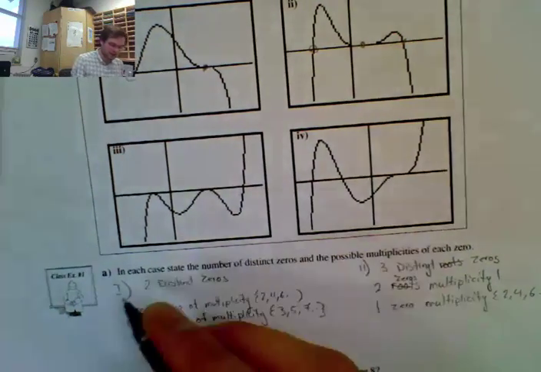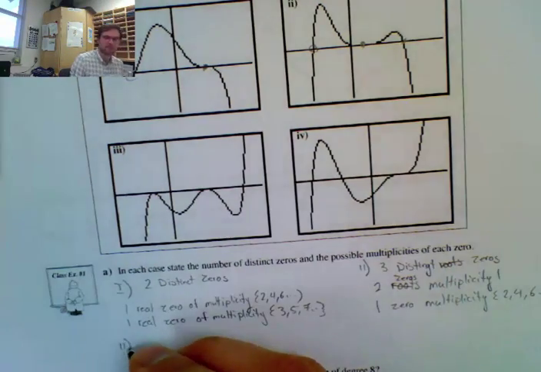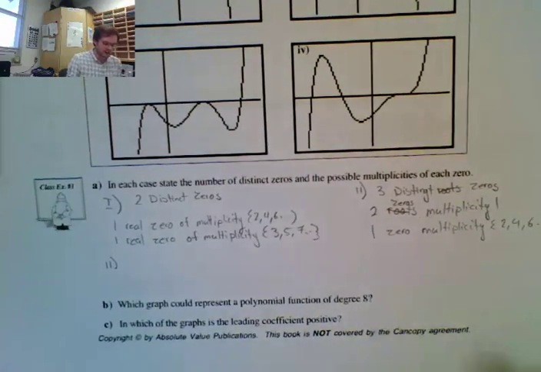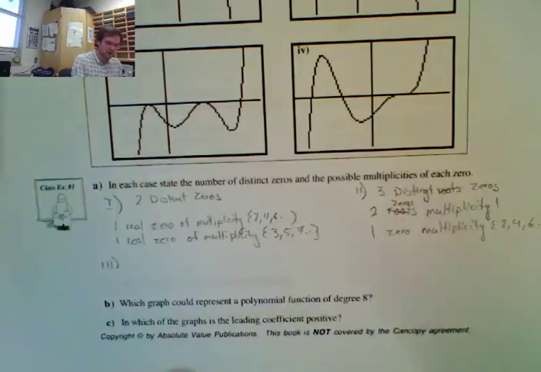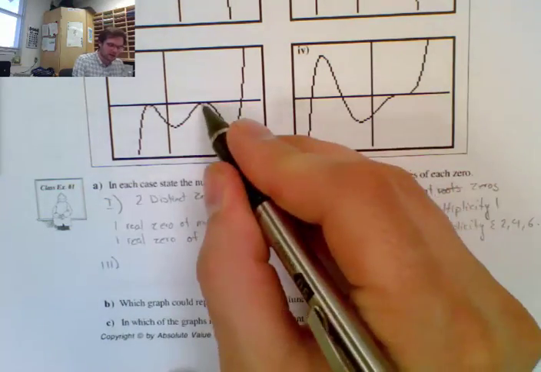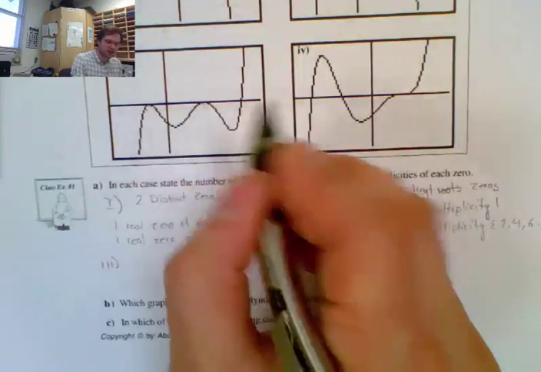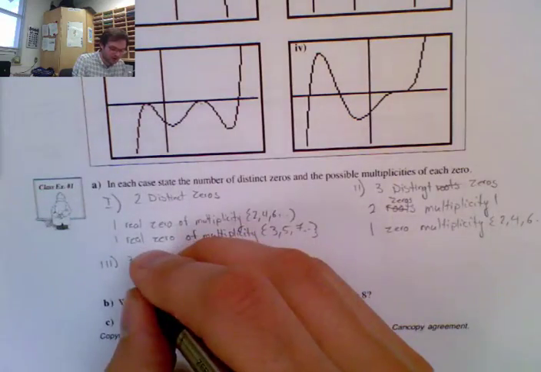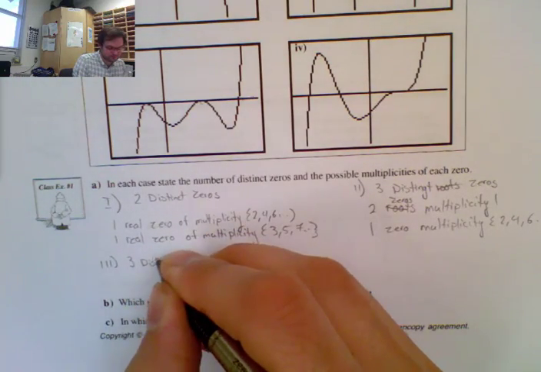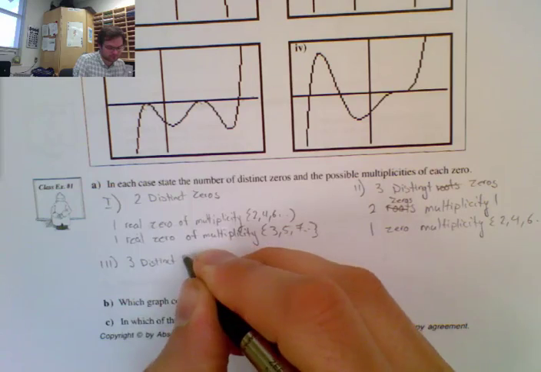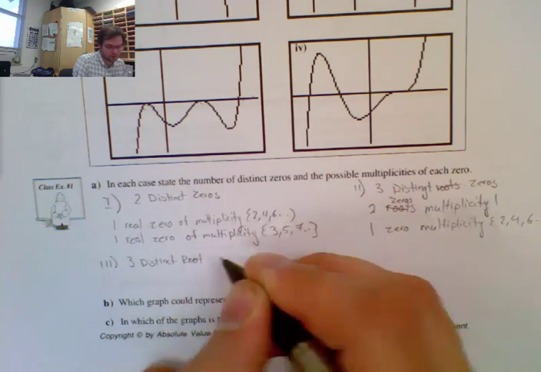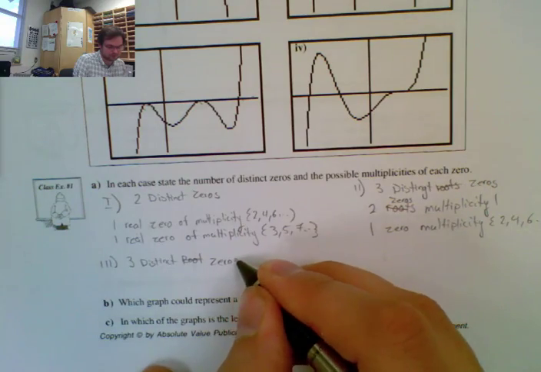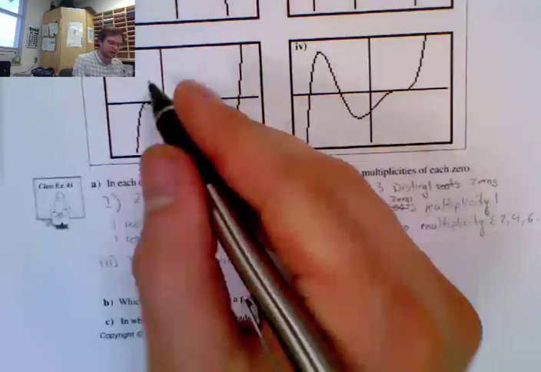Okay, let's take a look at number 3. Number 3 says we have a toucher, and then a crosser. So we have 2 tangents and a crosser. So altogether I have, again, 3 distinct roots, or 3 distinct zeros. Okay? So I look at that here.